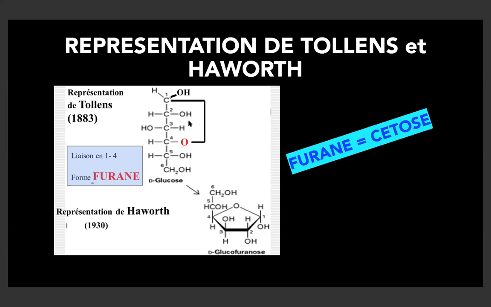Now, some of you ask me: you're saying the furan bond is supposed to be formed with the ketose, so why do we have the glucose molecule here? The glucose molecule is just a reference or an example, because it is the basis of the glucides. All glucides come from the glucose molecule.